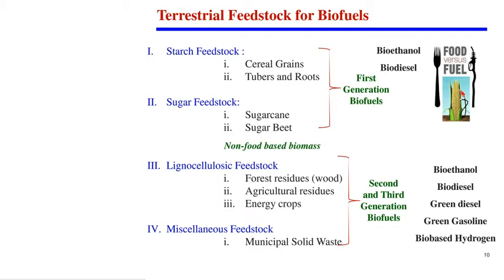So one process is biochemical, using enzymes and the fermentation pathway. Another is thermochemical, which the refinery and oil industry knows very well, using temperature, pressure and catalyst. For example, with biomass you do combustion to get electricity, or you gasify the biomass to make syngas, and then do a catalytic reaction, Fischer-Tropsch, to get liquid hydrocarbons.